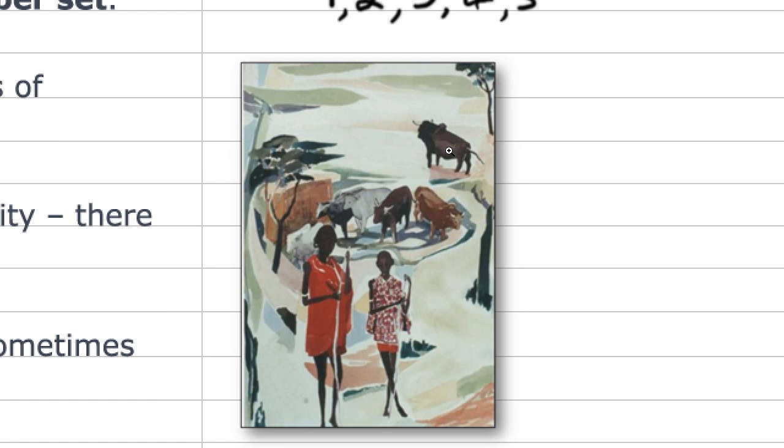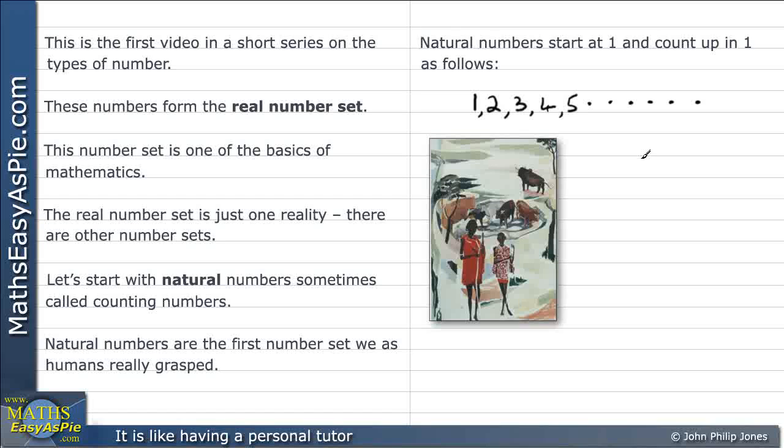Today we would have no problems representing this. We would just write down the figure 5. In early settlements, as I said, they didn't have these figures, so they would scratch things onto a bone or a piece of wood or something, and there would be one scratch for each cattle in a particular herd that they were responsible for or that they owned.